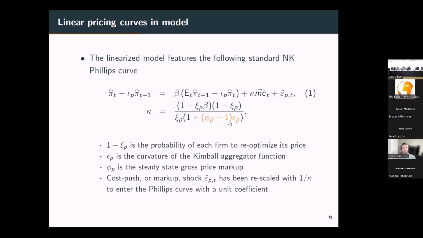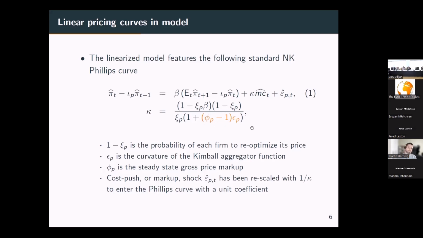But it's also important to note that you will have the same kappa for different combinations of these parameters. So, for a given Calvo parameter, you can come up with a model with Kimball that will have the same kappa if you just change the Calvo parameter and add this epsilon p here. Because remember, when this epsilon p is 0, you are back in the Dixit-Stiglitz case.